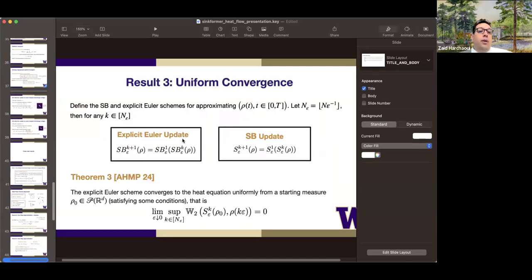Okay, so thanks to that, we can prove that uniformly the two processes are close. So this is an asymptotic result. What we do is approximate the process on every time step using the Schrödinger bridge or using the Euler update, and then we integrate over the whole trajectory of the process, and we make the time step converge to zero, and we obtain the convergence of the two processes.